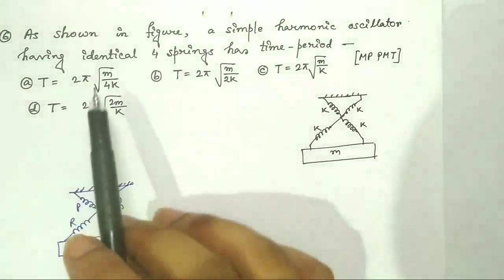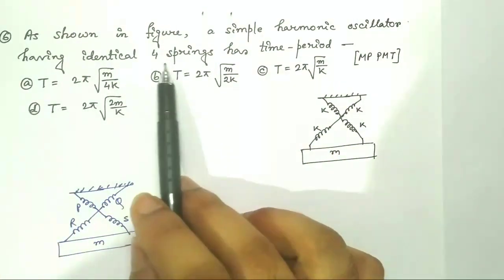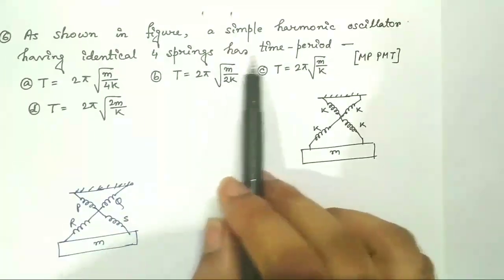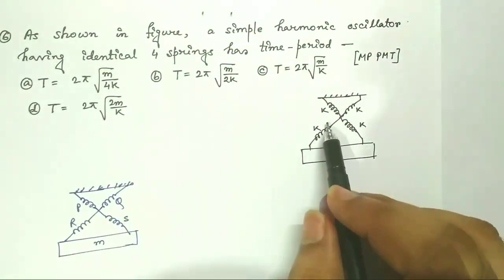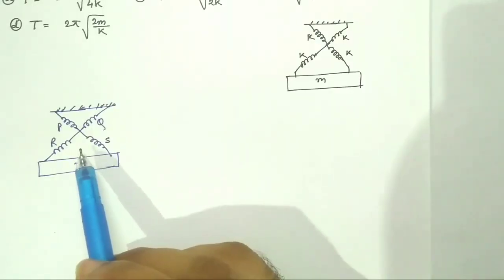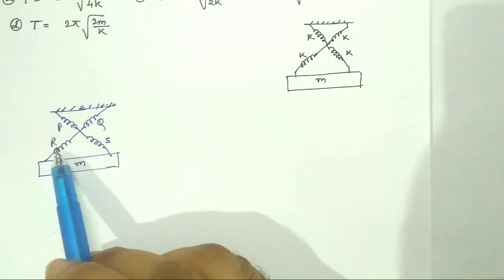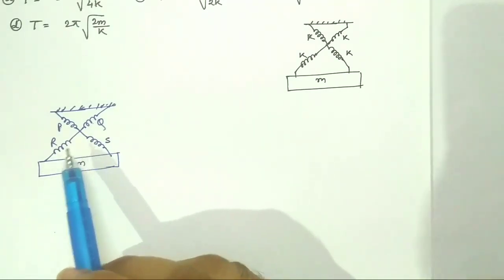Question number 6. As shown in the figure, a simple harmonic oscillator having identical 4 springs has the time period. All the springs have the force constant of K. You can see that the springs P and Q and R and S are in parallel combination.